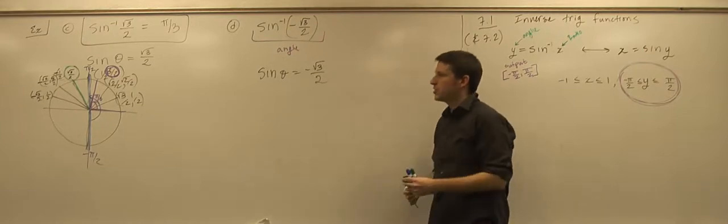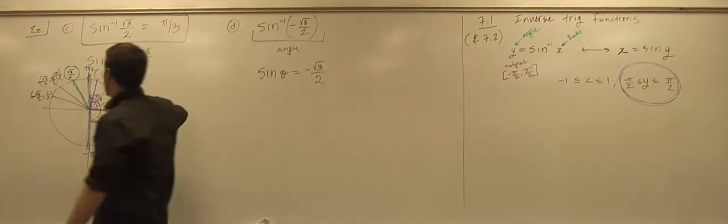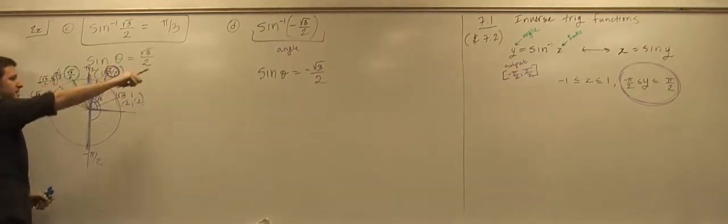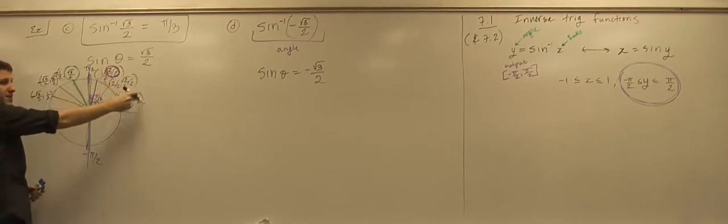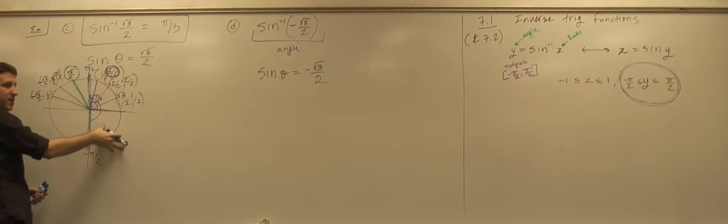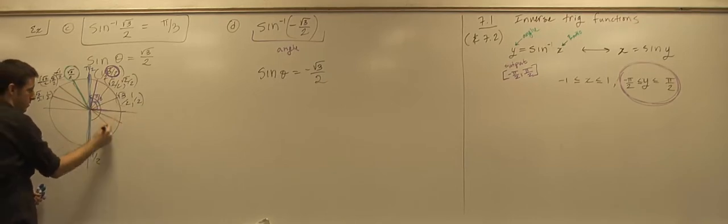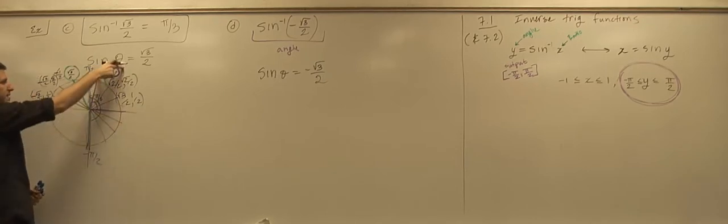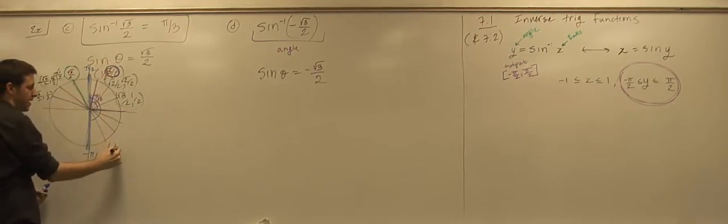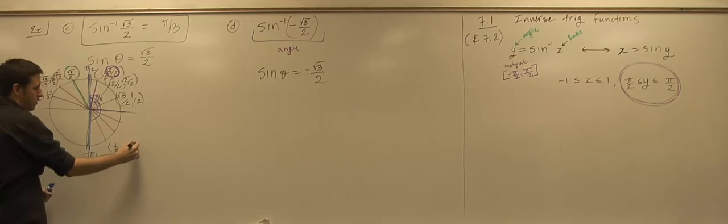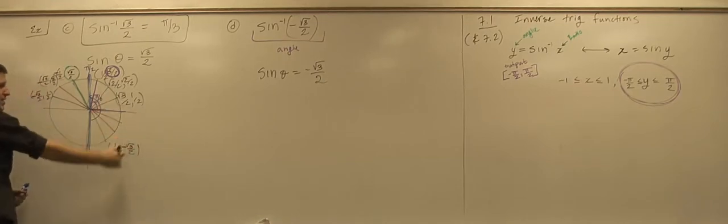So you go to your picture of the unit circle and ask, what angle on here has a sine value of negative root 3 over 2? Well, these are all positive, so it's got to be down here. I still like this root 3 over 2, so let me copy it down, but I'll have to be in the fourth quadrant to get that negative.